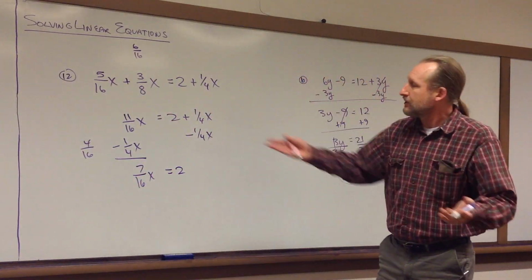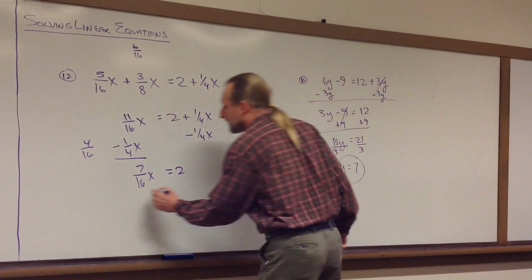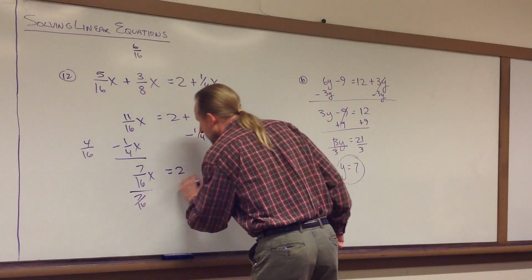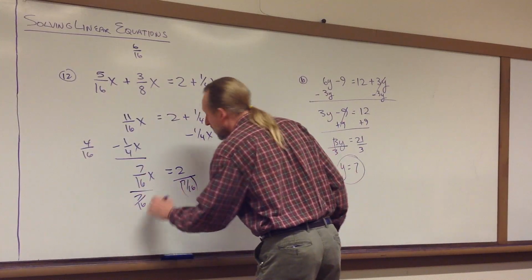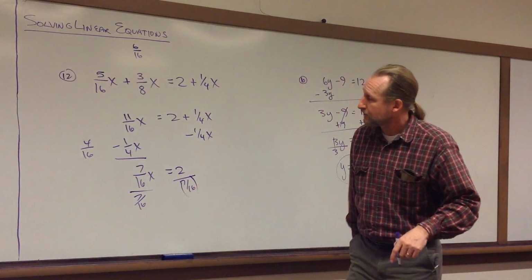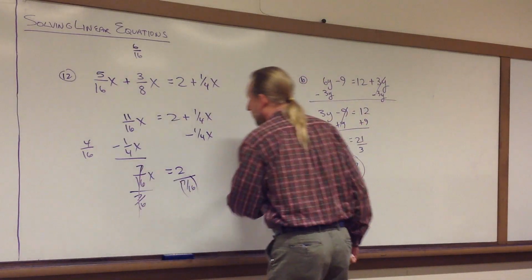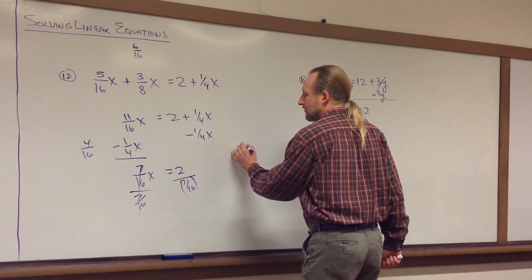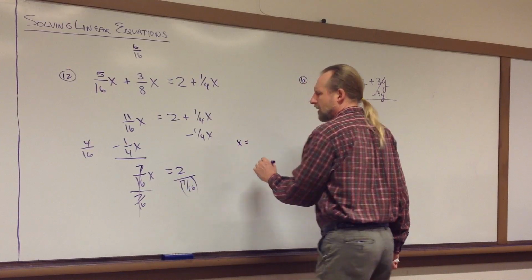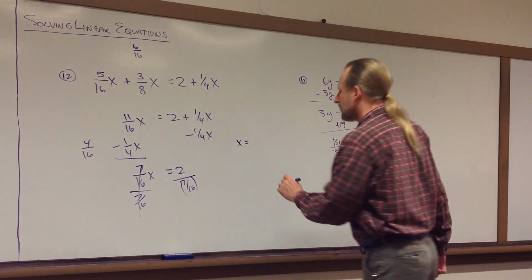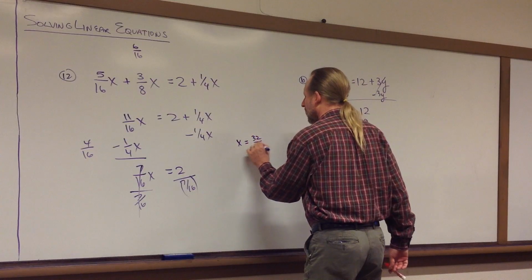And then you can divide on both sides by 7/16 if that's what you're in the habit of doing. If you're going to do this on a calculator, do be careful and be sure to put the parentheses in there. And this will come out as, x equals 32 over 7.